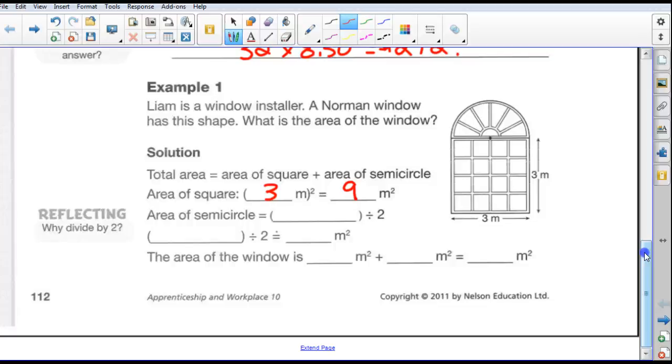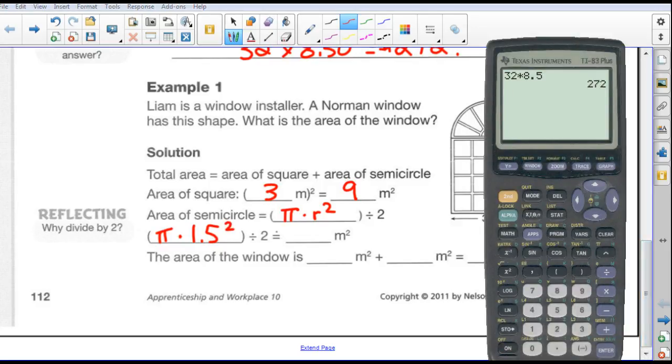The area of a circle is pi times r squared, so pi r squared divided by 2. Now we need the radius. The radius is from the center to the outside edge. Now if that whole distance is 3, that's the diameter of that circle, so the radius must be 1.5, not 3. So it's pi times 1.5 squared divided by 2.